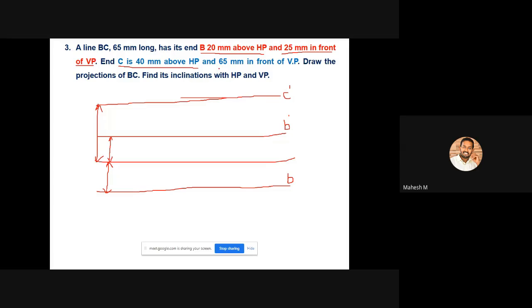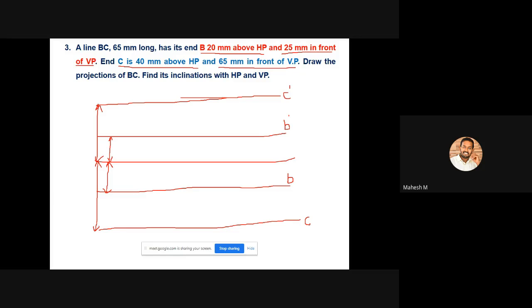And you can create another horizontal line that should be at a 65 mm distance from the reference line. You can mention it as locus of C.